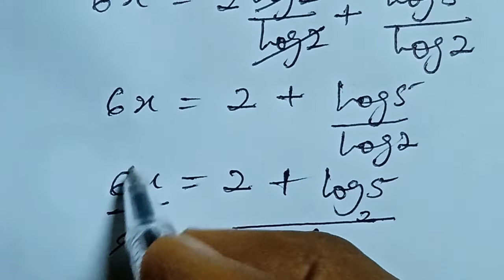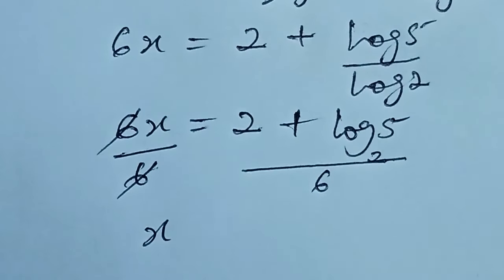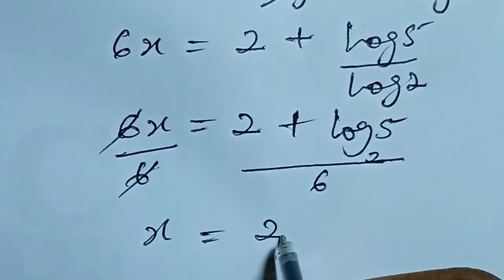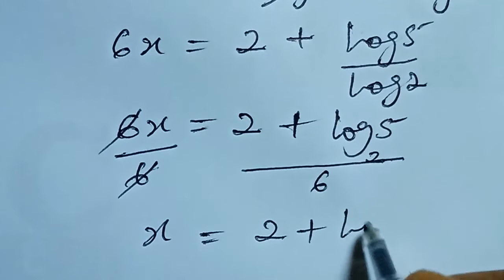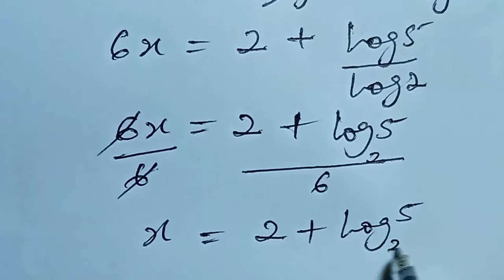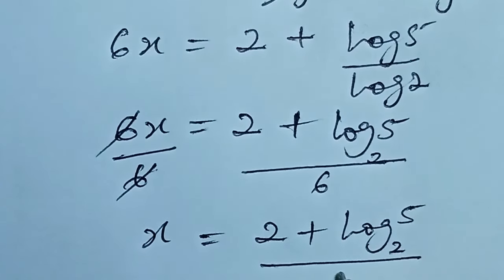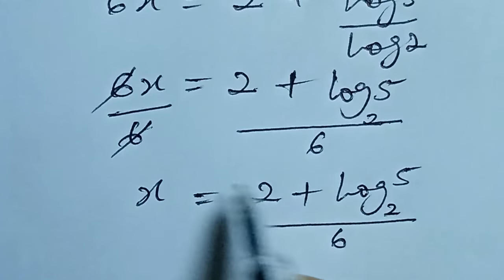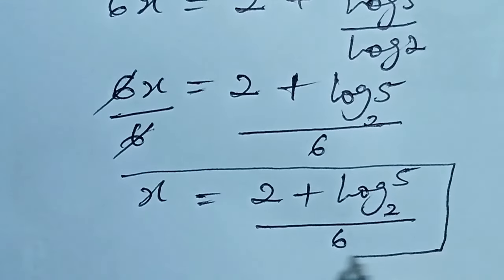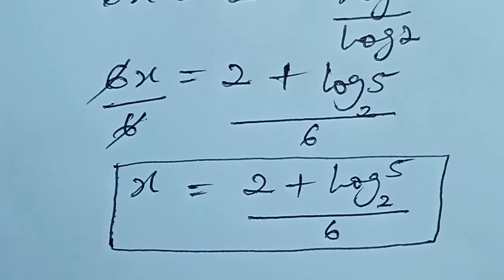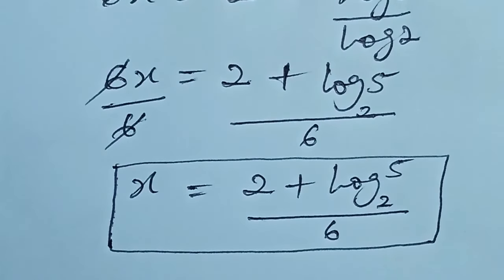So we have 6 cancel with 6, and we are left with x equal to 2 plus log 5 to the base of 2, all over 6. This implies our value of x in this solution.